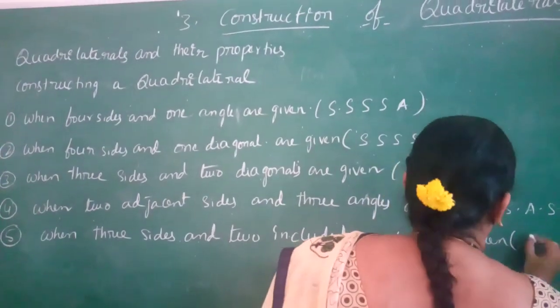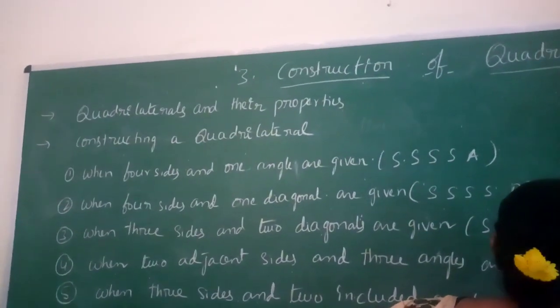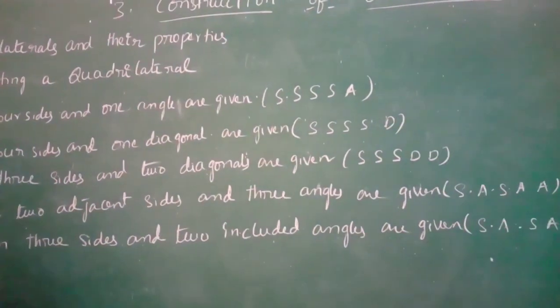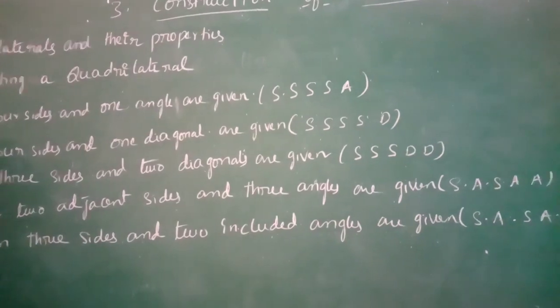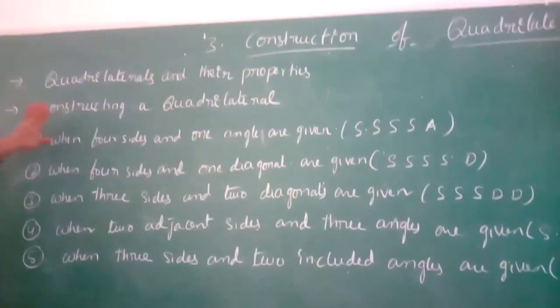That is S, A, S, A, S. Okay children, these are the 5 methods we use for construction of quadrilaterals.